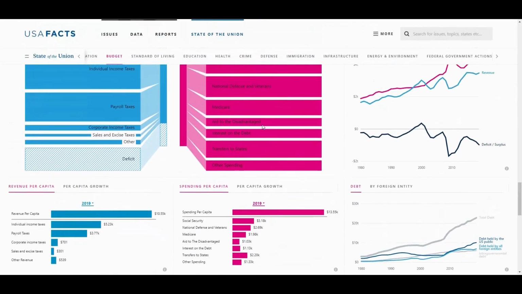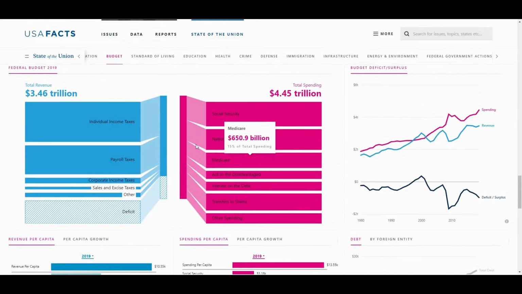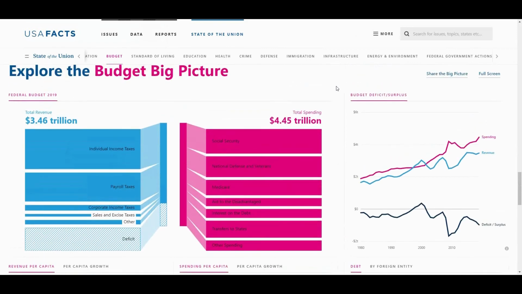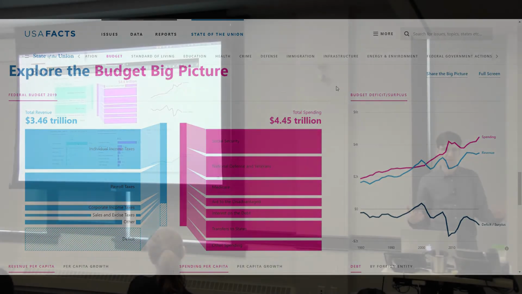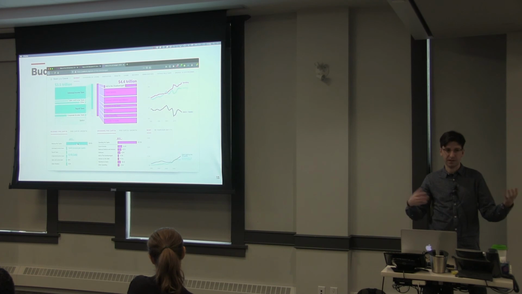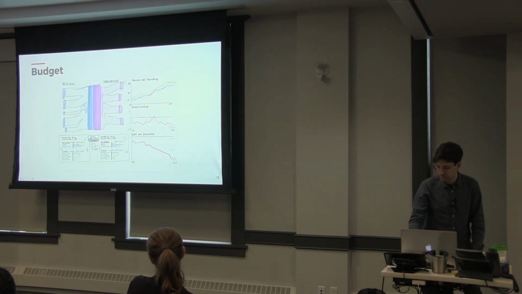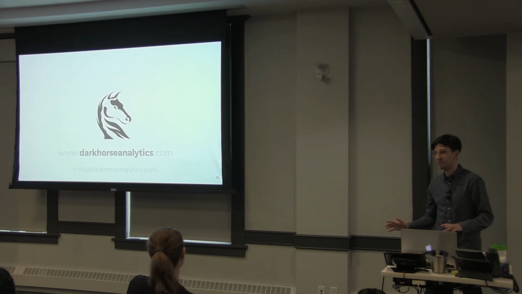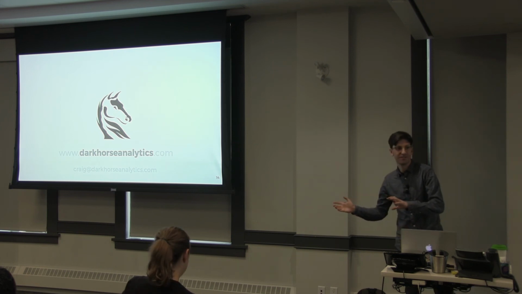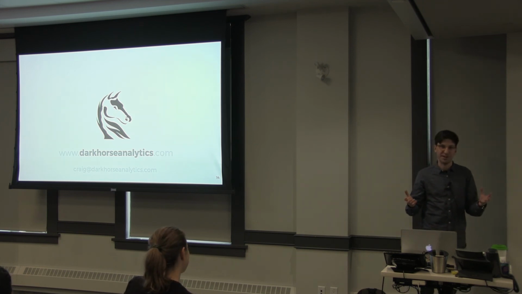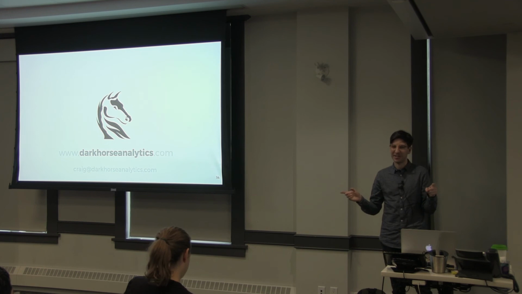Put this together in a bit of a dashboard type thing at the end, and sort of contextualize these large numbers in terms of the per person amount that the government is getting in revenue or spending. And that's it. I mean, there are 12 more. If you really want to learn about the US, you should go and check it out.